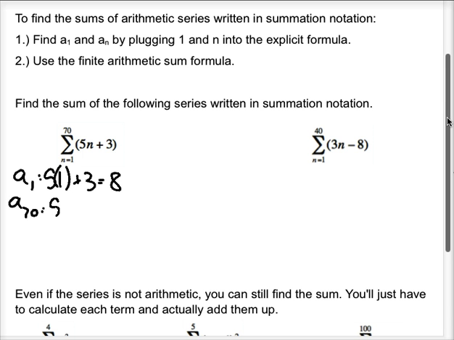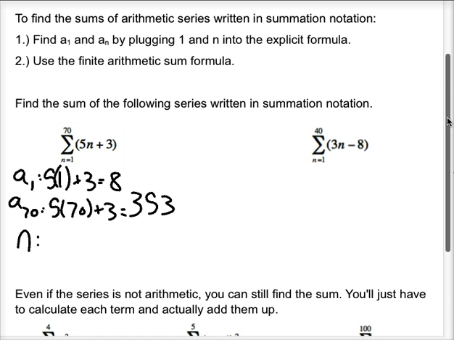So I need to plug 70 in to find that an. That's what the last term is going to be. The last term is going to be an. So 5 times 70 plus 3 is going to be 353.